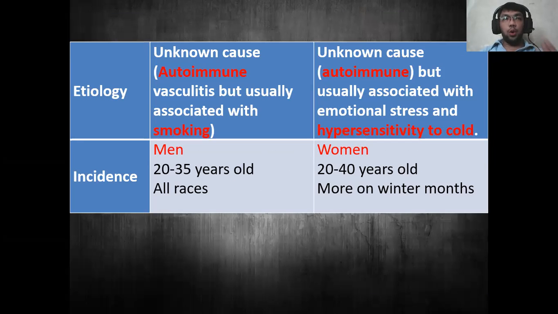Etiology, the cause: both of them have an unknown cause, but there are risk factors associated with them. For Buerger's disease, autoimmune vasculitis, which is the inflammation of the blood vessels, brought about by chronic cigarette smoking.